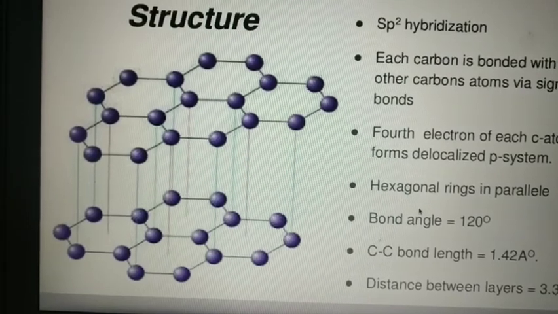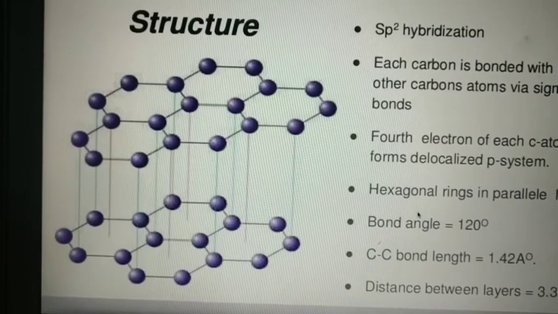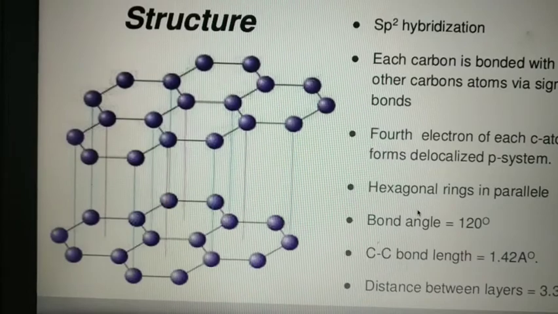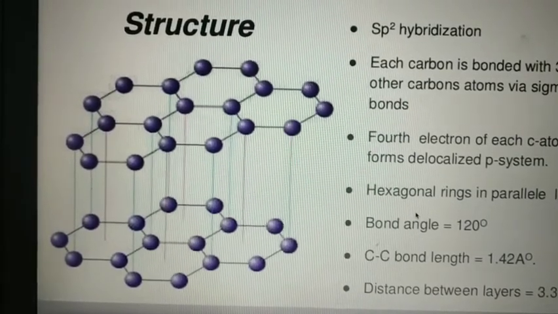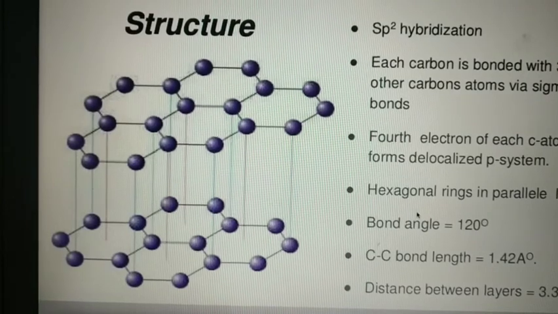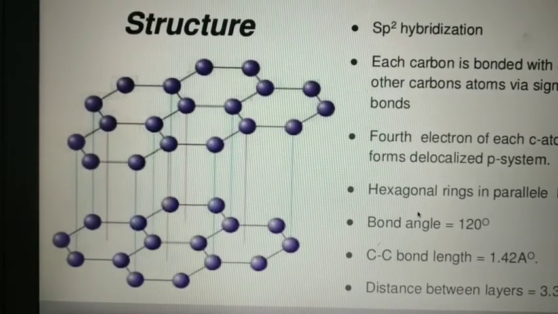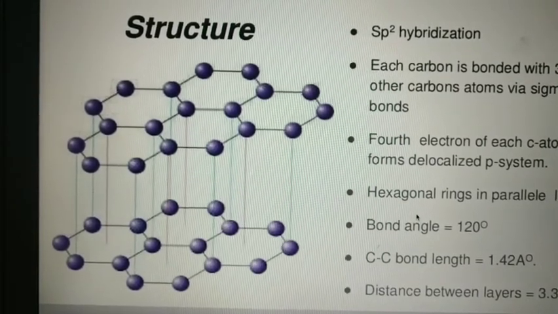Okay. Graphite is lighter than diamond. The density of graphite is given 2.3 gram per ml. Okay. What I am telling you is that these are the two allotropes. One is graphite and another is diamond. These are the two allotropes of carbon only.